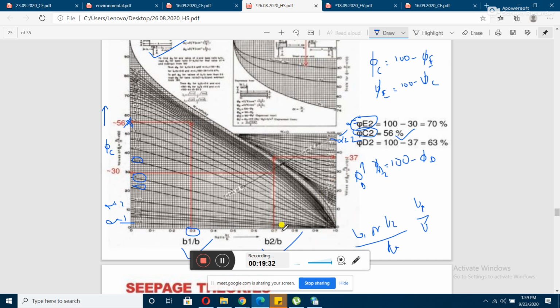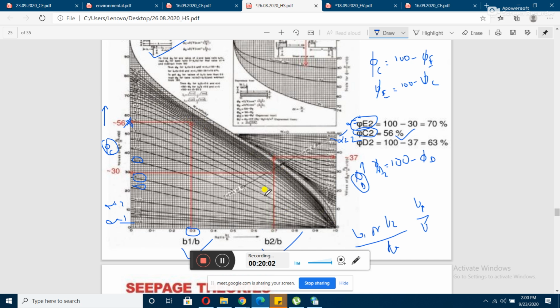So from the b2 by b point only you have to draw a perpendicular. We have to draw the perpendicular on this set of curves, because this set of curves represents your phi c, and this set of curves represents your phi d, I have already told you. So we have to locate the same curve, that is alpha equal to 9.5, this curve, okay.